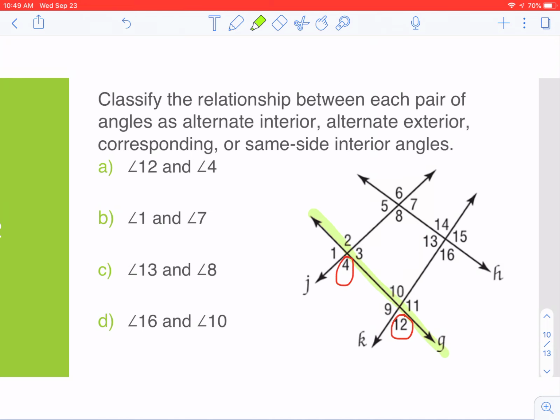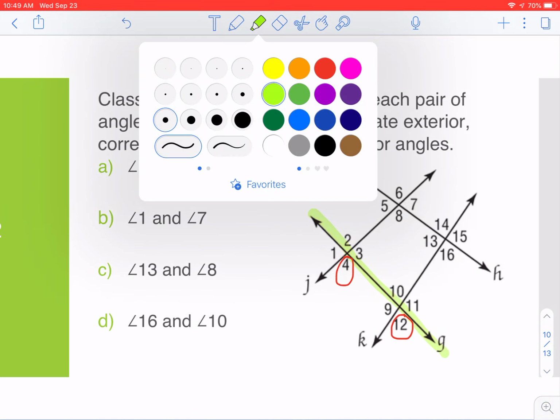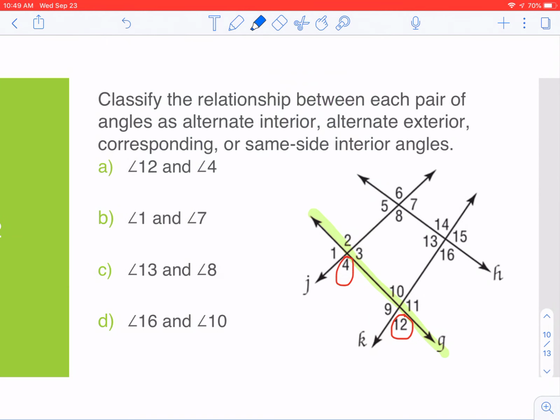Here's my transversal, and here are the other two lines they touch. So I don't worry about line H at all. Now I see they're on the same side, but one's exterior and one is interior. So I call that corresponding.